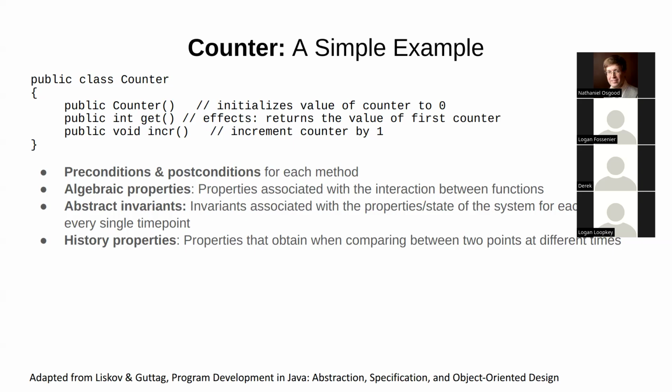History properties are properties that obtain when comparing the system at two different time points. It's a property of how it changes over time. So tell me, what's some way in which this changes over time? Are there certain properties about how this changed that you can count on as a developer, that you might rely on as a developer? Tyler.